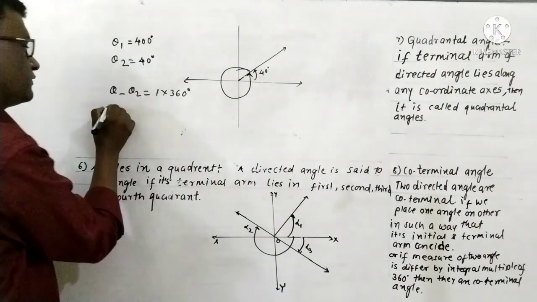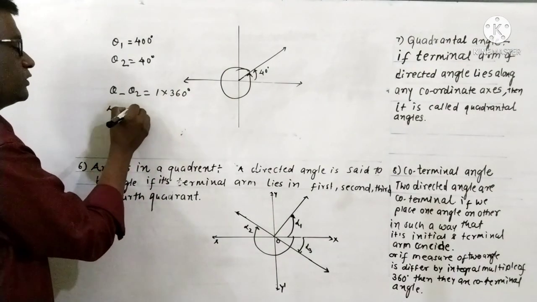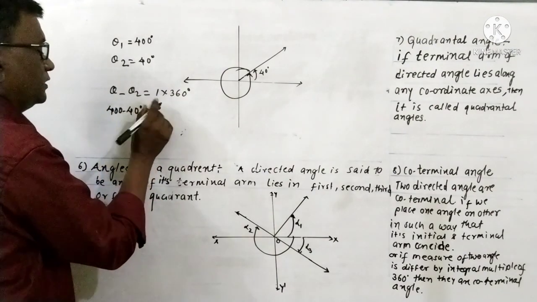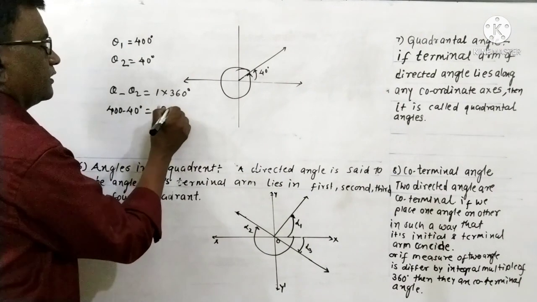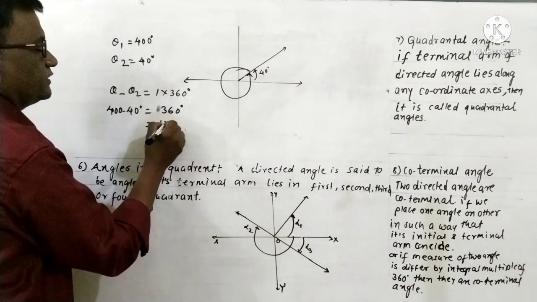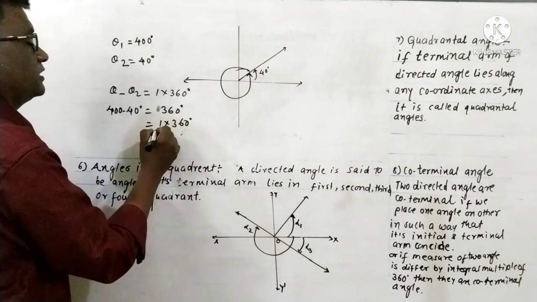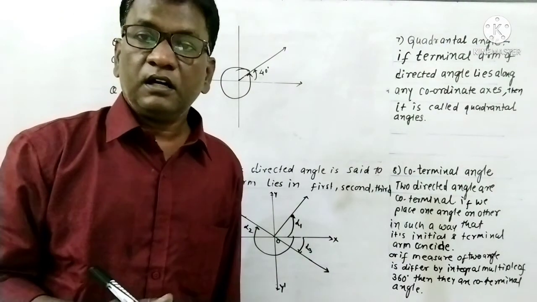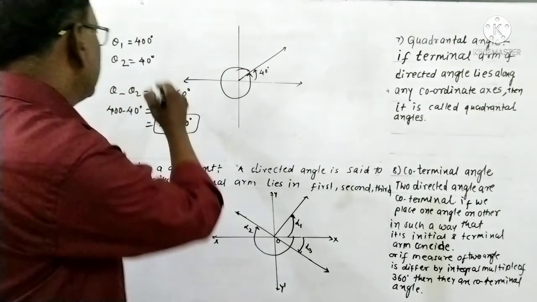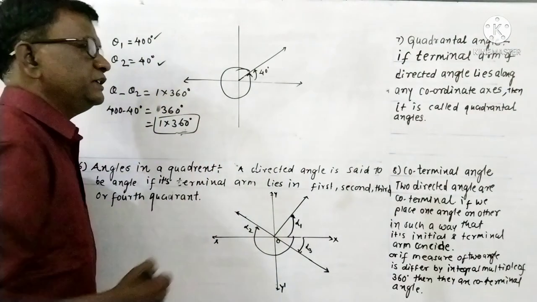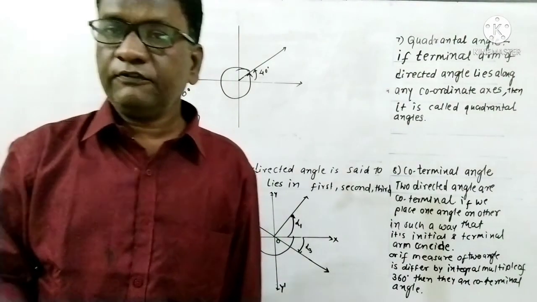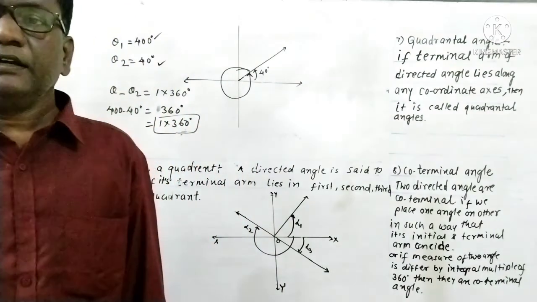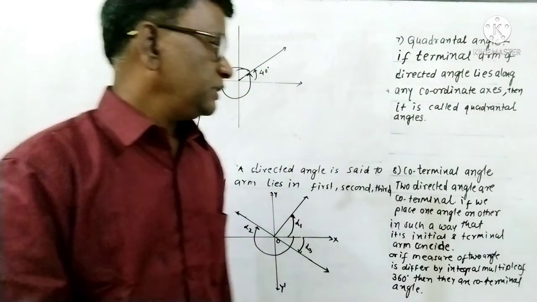If we take the difference, 400 minus 40 degrees is equal to 360. We can write it as 1 into 360, an integral multiple of 360. Then we say that the angles are coterminal, 40 degrees and 400 degrees. These are coterminal angles.